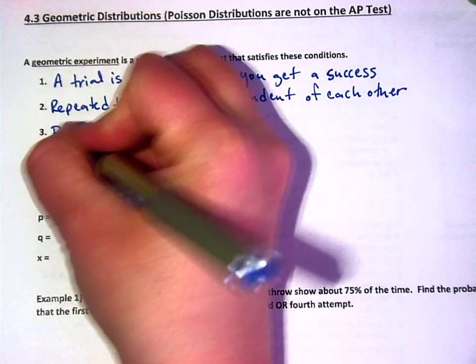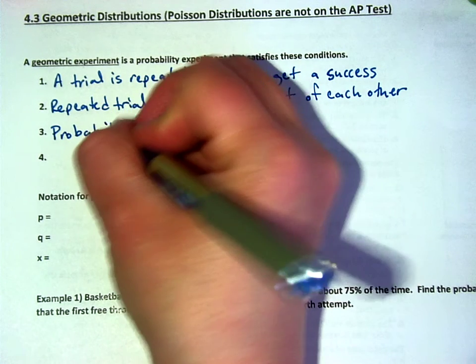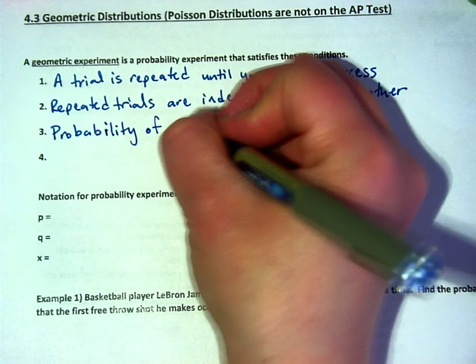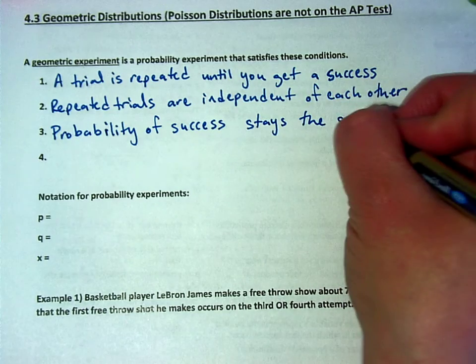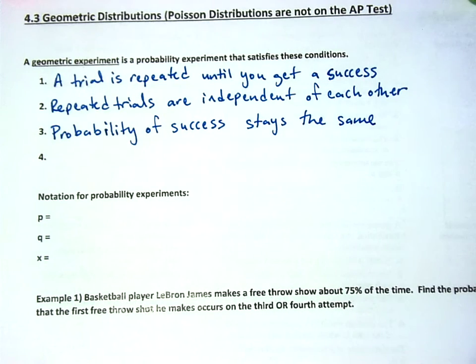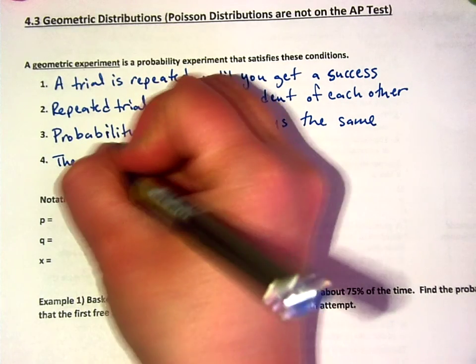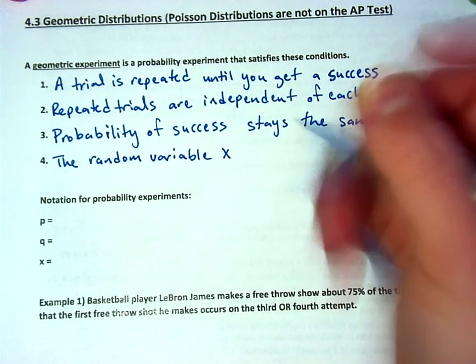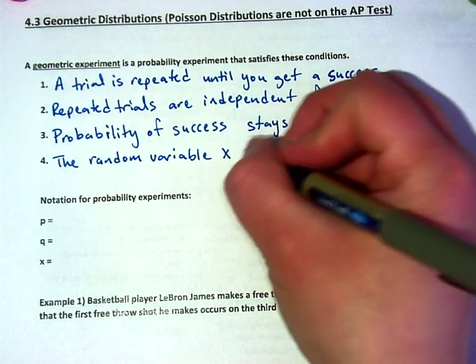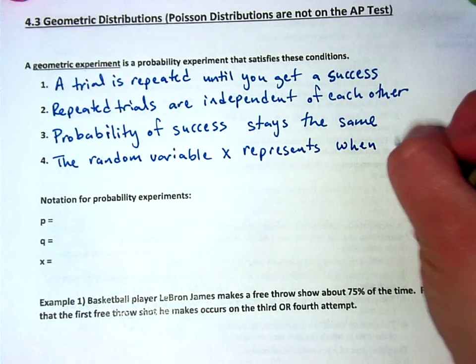Probability of success is the same for each one, which of course means the probability of failure also stays the same. So again, it's a yes or no, success or failure situation. And then finally, the random variable x represents when the first success occurs.